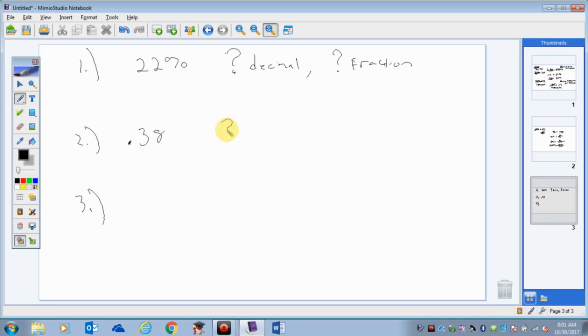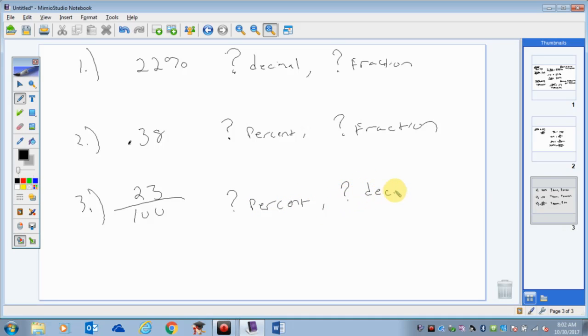So I want it as a percent and as a fraction. And then I'll have 23 over 100. So I want it as a percent and as a decimal. Pause the video now and work these 3 out.